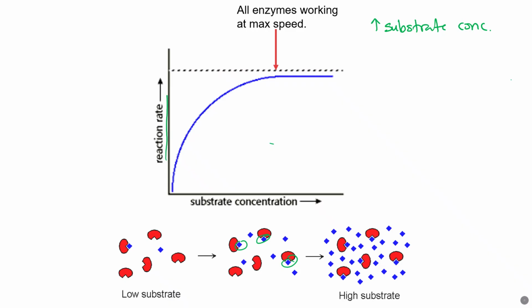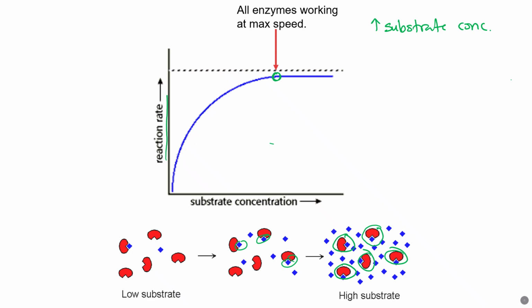But increasing the concentration can only go so far, up until this point here. At this point, we have so many substrates, but all of the enzyme's active sites are bound. So it is working at the fastest rate possible.